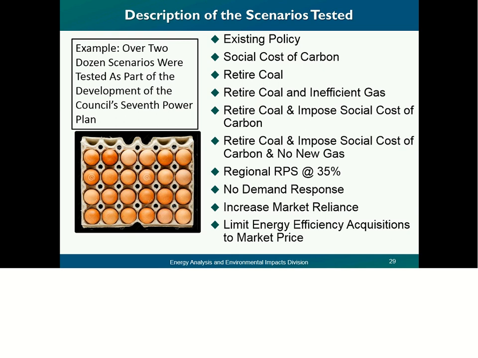We imposed the social cost of carbon throughout the entire Western Interconnect. So the assumption was that our market prices, both sale and buy, would reflect the social cost of carbon. And we restricted the model's ability to buy anything except renewables, wind and solar.